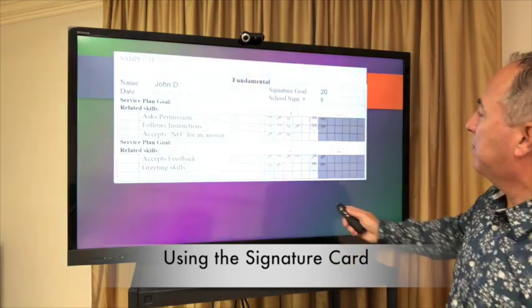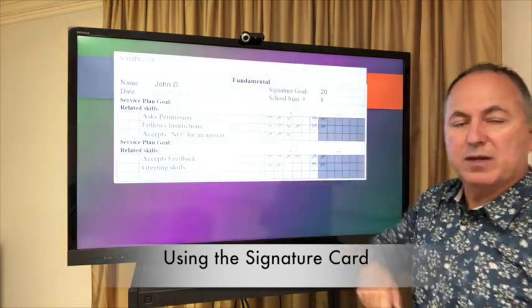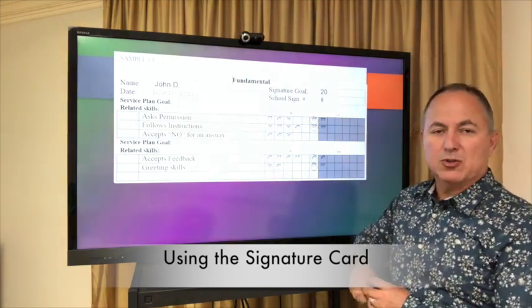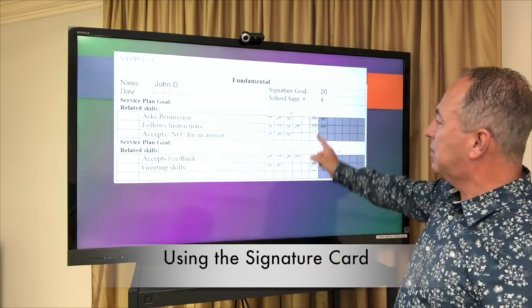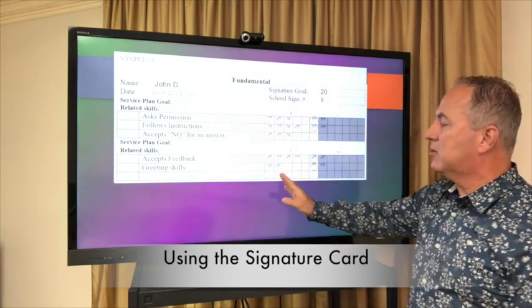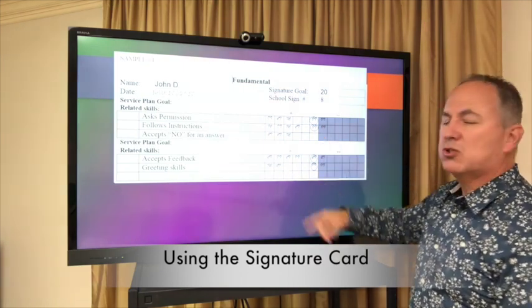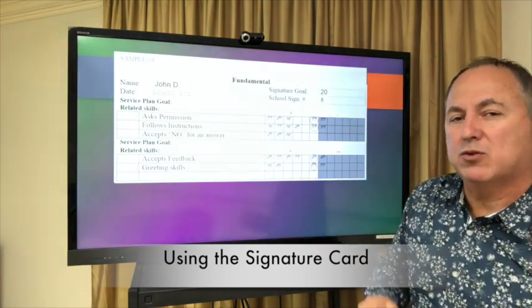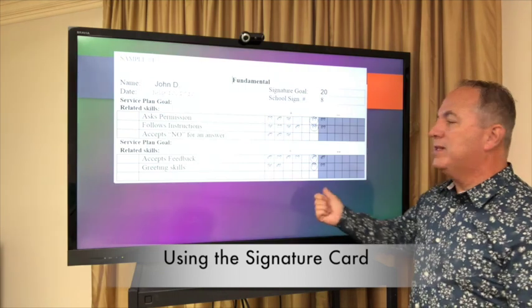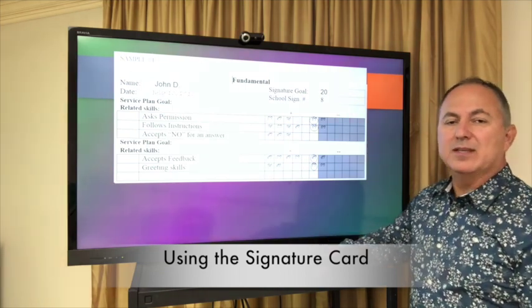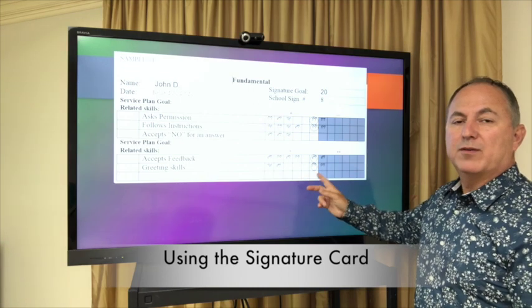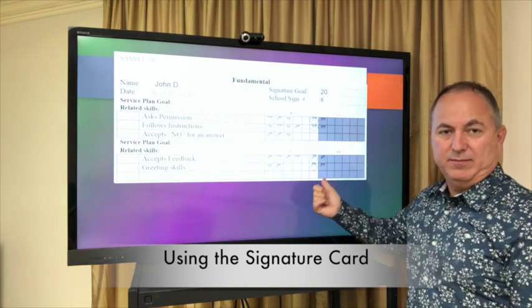End of this day, we look here and we see signatures that John's got throughout the day. And if you'll notice one thing about this signature card that's helpful for us, if you can look closely, some of these signatures on the positive side have a circle around them. Okay? And sometimes staff may see that and wonder what that is. The reason that happens is that indicates that that signature was earned from a corrective teaching.